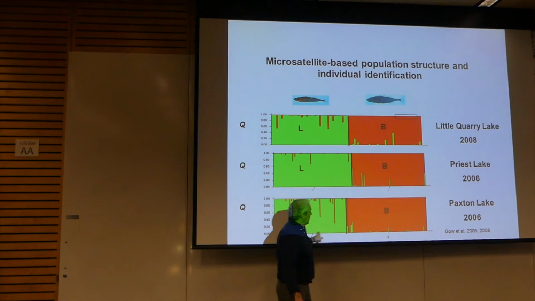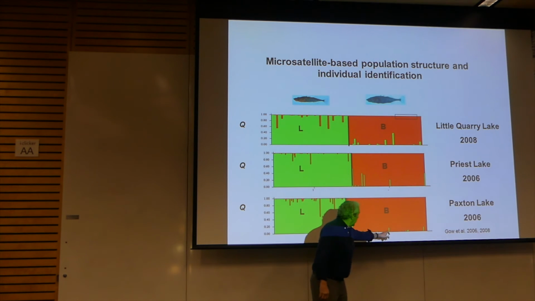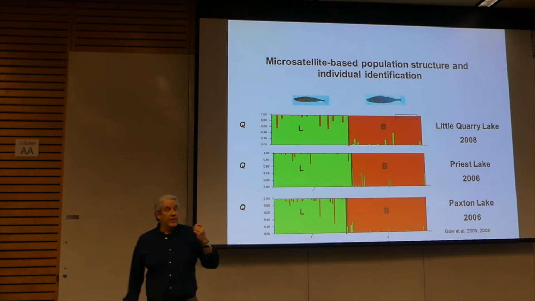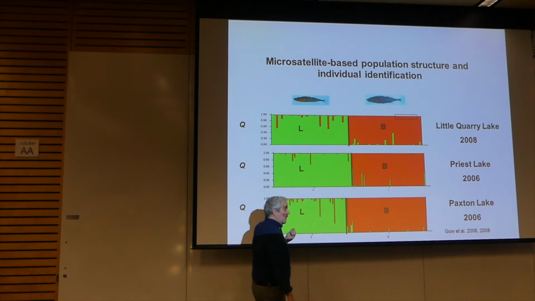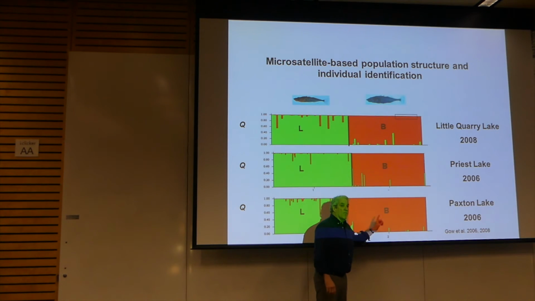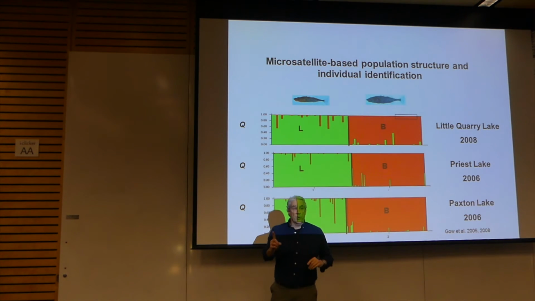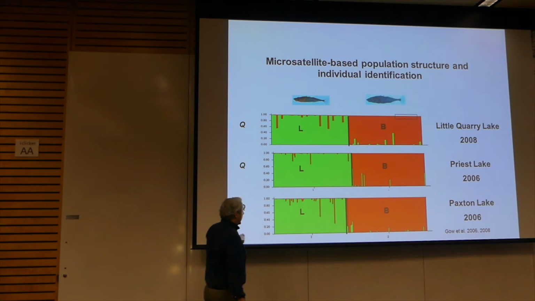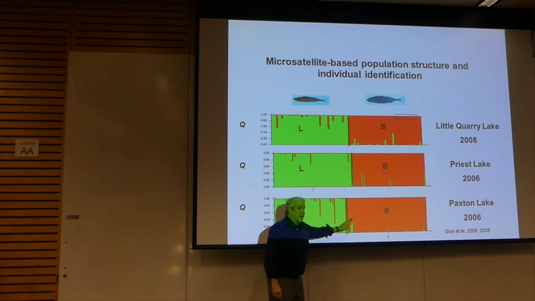And along the bottom are the numbers of fish in each case. So each fish is represented by a very thin vertical line, and the color composition of that line represents the relative proportion of 1 of 2 genetic groups characterizing that individual based on these microsatellite loci, with 1 genetic group being green and 1 genetic group being red.